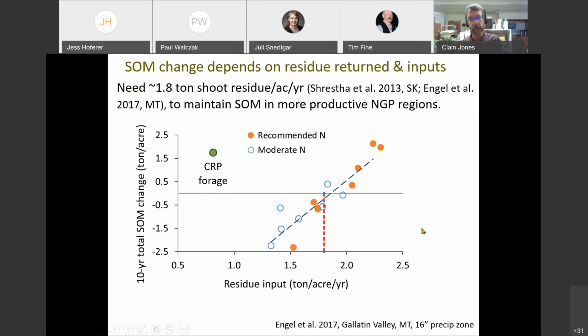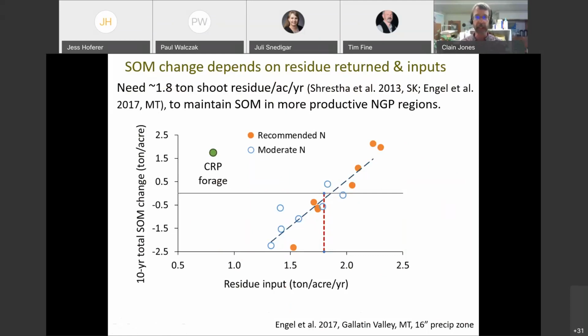In that same study, we were trying to figure out why there were such big differences in soil organic matter between tilled fallow and continuous wheat and CRP. My colleague Rick Engel and I and some others really pinned that down to how much residue was left behind.